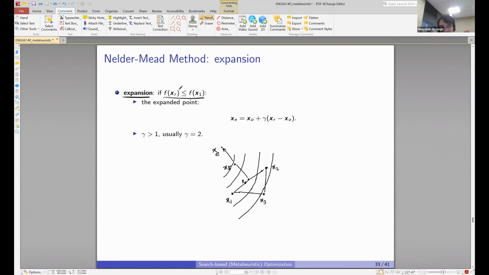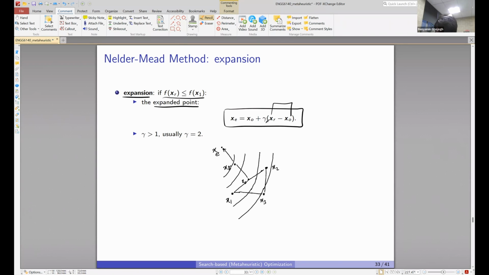So this means that the reflected point is better than all of the corners, right? If that's the case, we calculate the expanded point. What is the expanded point? Starting from xo, go in the direction connecting xo toward xr. xo is here, xr is here. This is the direction.